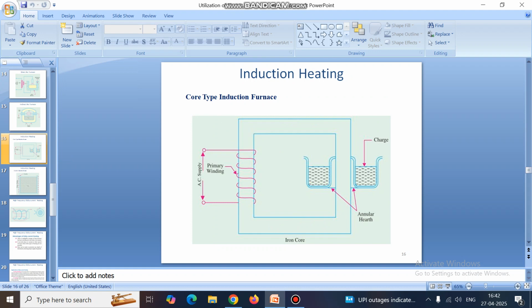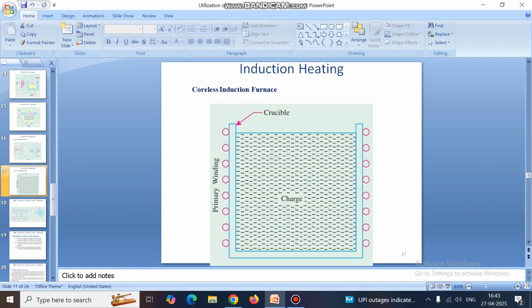But here there is a provision of risk, because after uniform heating of the charge particle, there may be a possibility of short circuit of the secondary. That's why we go for the coreless induction furnace. Here in the coreless induction furnace, this is the secondary terminal, the secondary wire.